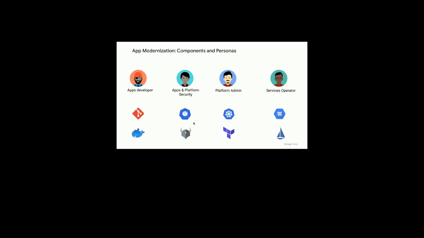Those are the 4 areas we see in terms of app modernization. You can be doing everything, but usually when we build the concepts, we always have in mind those 4 personas.